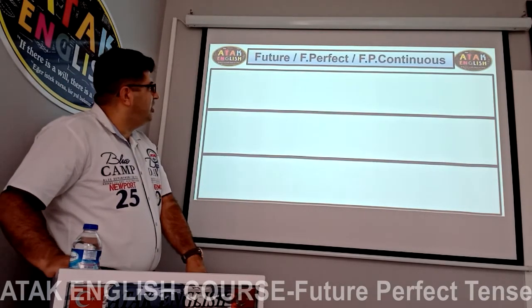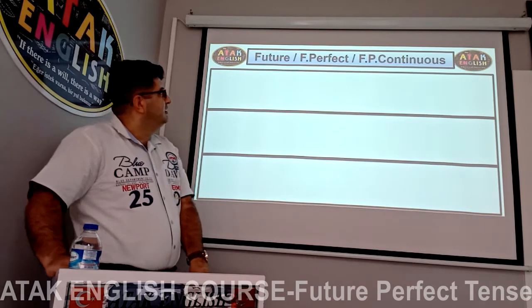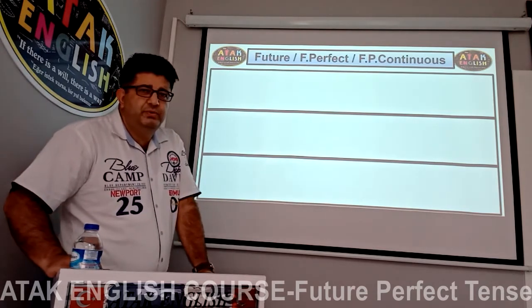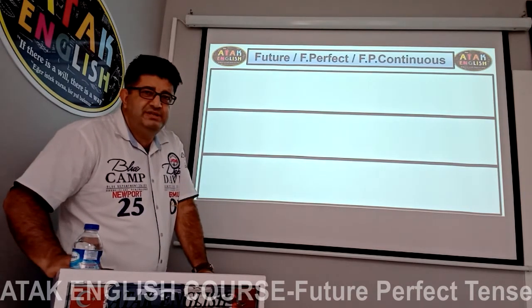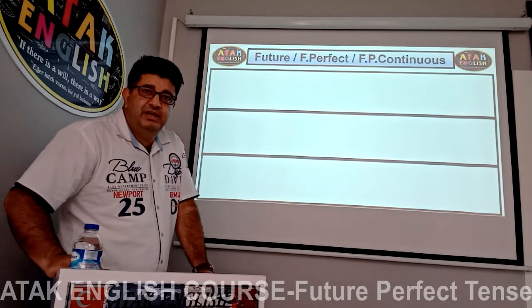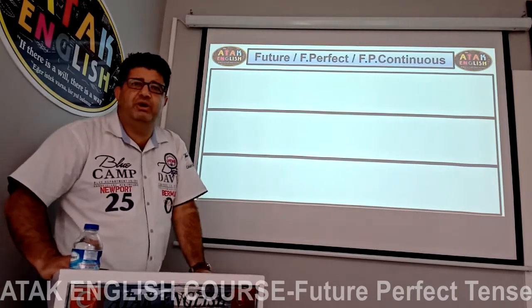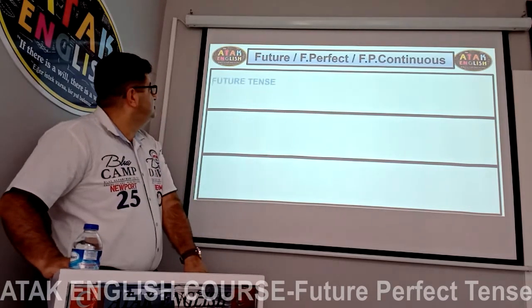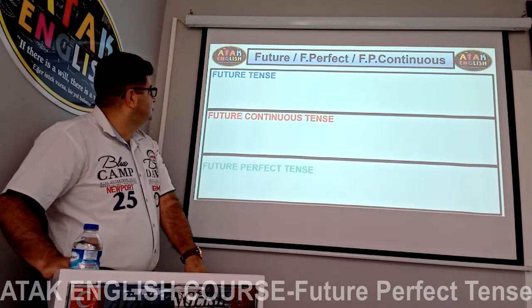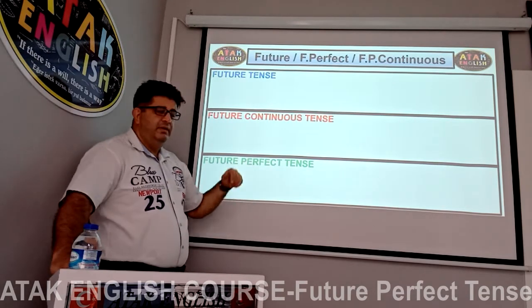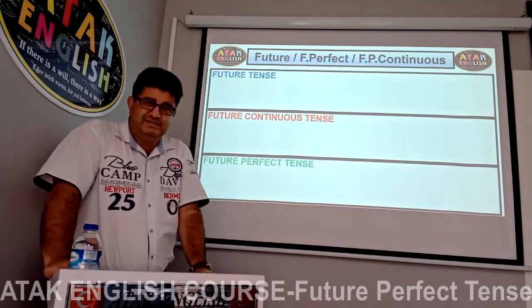Okay, I thought it would be useful to show you the difference in meaning of these three tenses. All three are in future: simple future, future continuous, and future perfect tense.